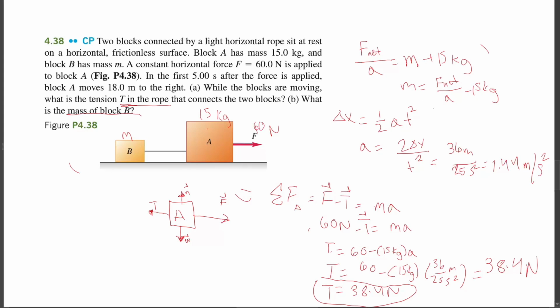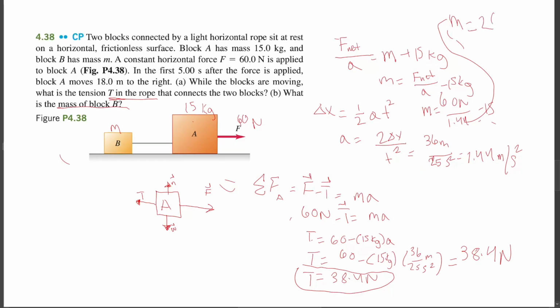So the mass is going to equal 60 newtons divided by 1.44, minus 15. Doing a little computation, that gives us a mass of 26.67 kilograms.